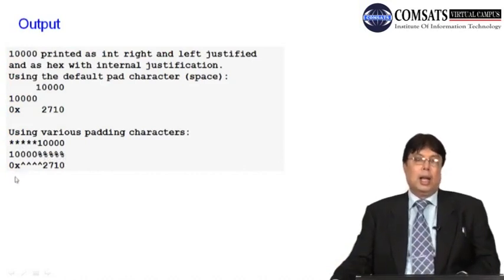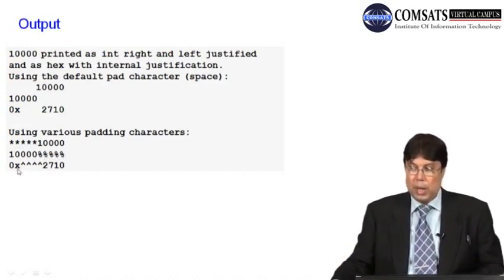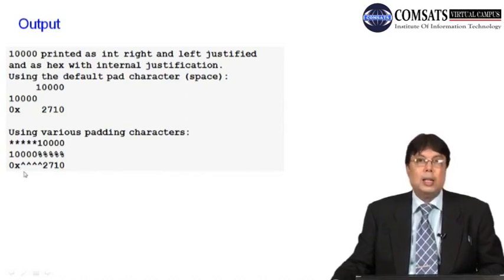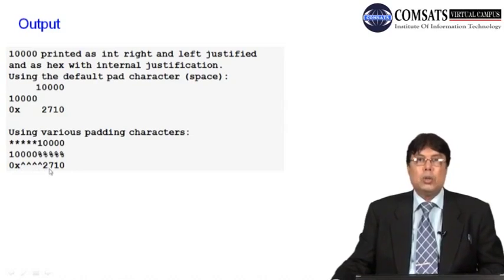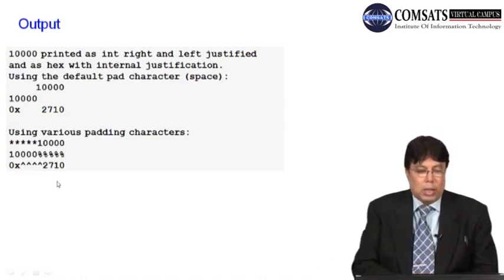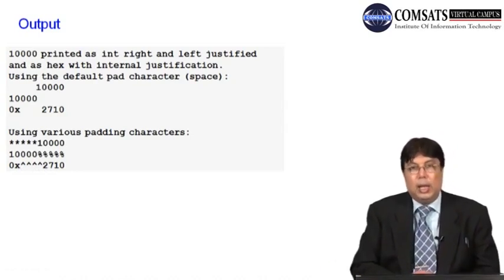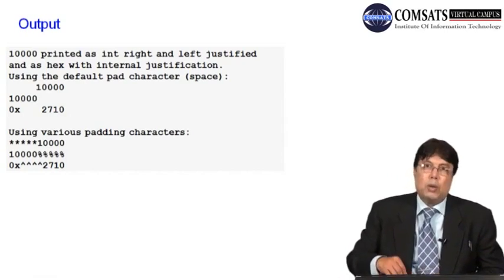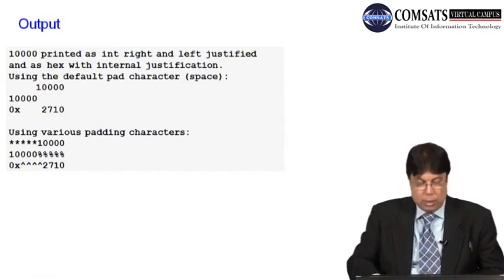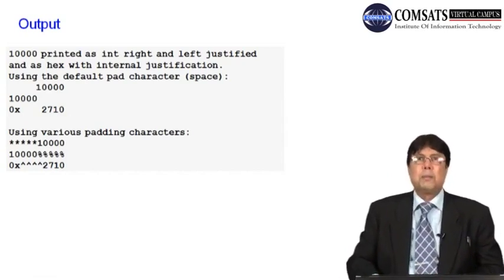Then go back again, and we have set the show base also, and then we have provided the padding with the help of cap sign. So you can control all types of fill characters, padding characters also, and then you can adjust your output as per your requirement and as per facilities available.